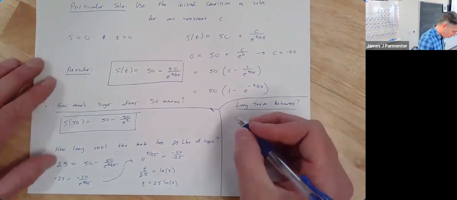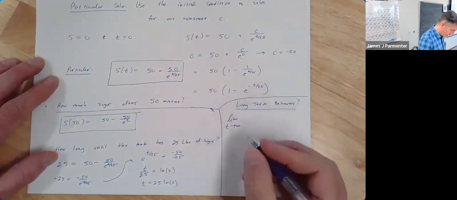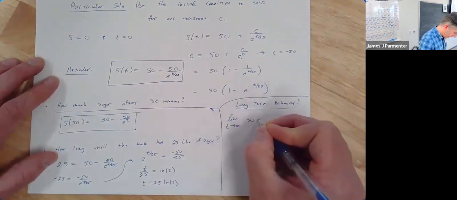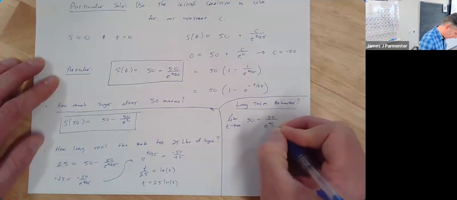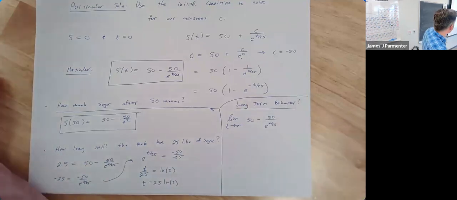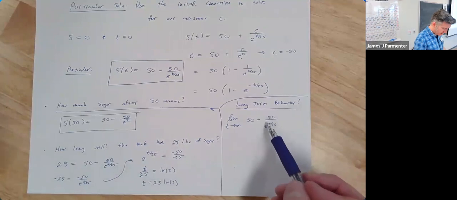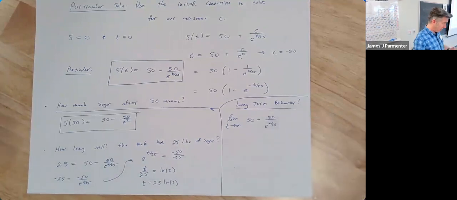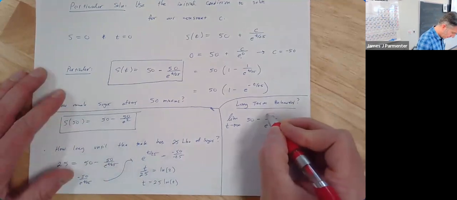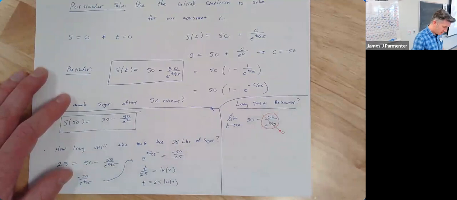Or in other words, what's the limit as t goes to infinity of 50 minus 50 over e to the t over 25? Writing it this way is very advantageous here, because as t gets larger and larger, e to the t over 25 also gets really large, and 50 divided by that is very, very small. That's going to go to 0.